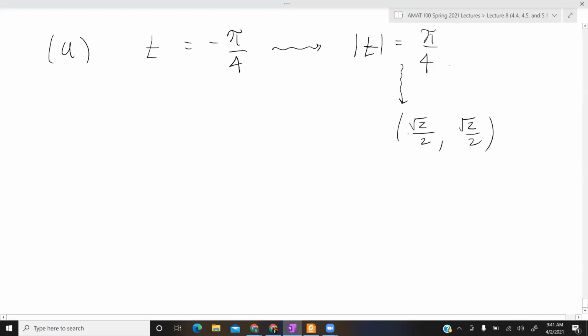Maybe the x coordinate has to be negative, or maybe the y coordinate, or maybe both coordinates have to be negative. That we will determine in a moment. But we always want to take the absolute value. It's a good idea to first take the absolute value and look at the point on the circle corresponding to it, because that will help us determine the point corresponding to the original number.